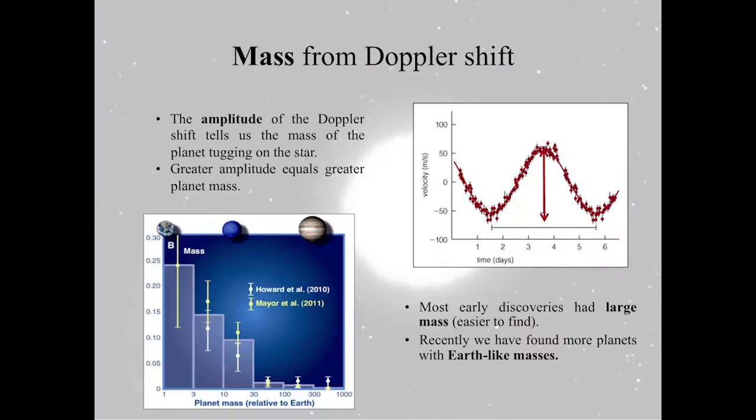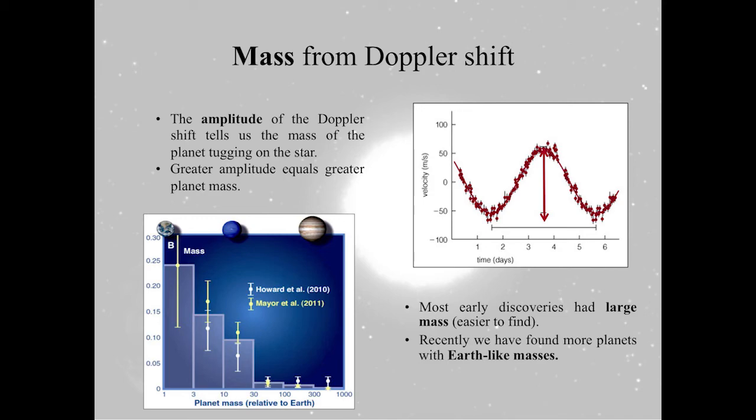How about the masses of the planet? Can we get some idea? Well, I'm sure you're aware that mass is related to the gravity of an object. And as a result, think about it, we go back to our diagram. If the star is only moving a very slight amount, you would say, well, the planet's not really that massive, is it? It's not having a big effect on the star.